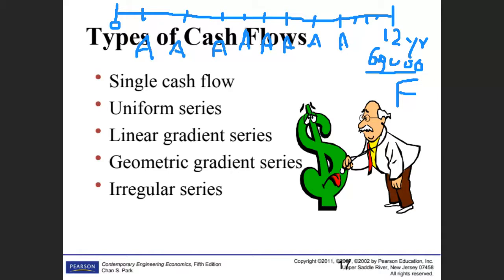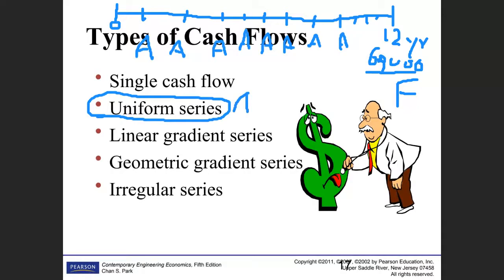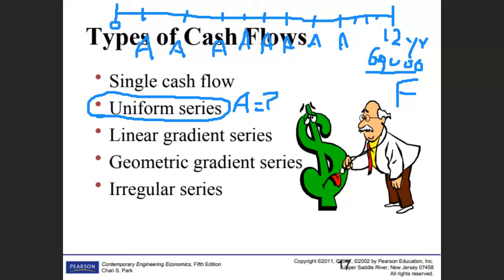This is an example of a uniform series. If you have a question like this one, you have a uniform series. First of all, what is required? You have to find A, the equal amount. There is a formula I will share later on. How do we calculate? We will see it.